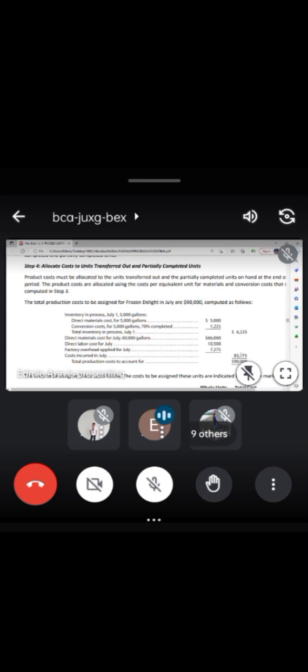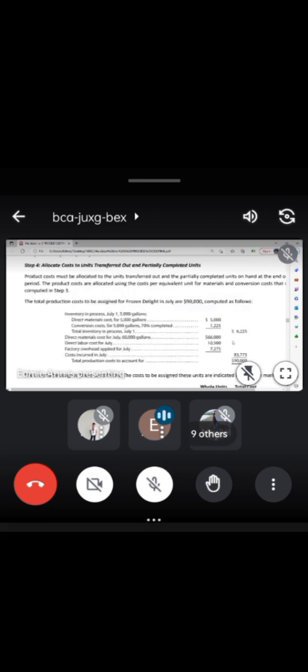Guys, this is actually the given. 83,775: 66,000 for direct materials and the conversion cost niya 17,775. Mao na siya ang given. Kani sila tulo, given na sila, okay? So kani siya ang pangitaon nato.